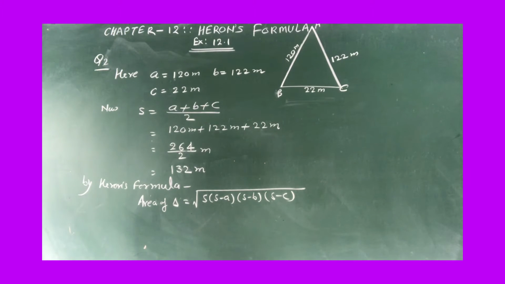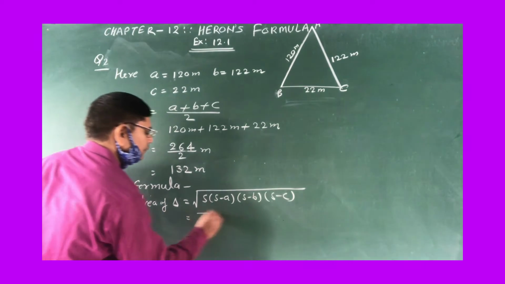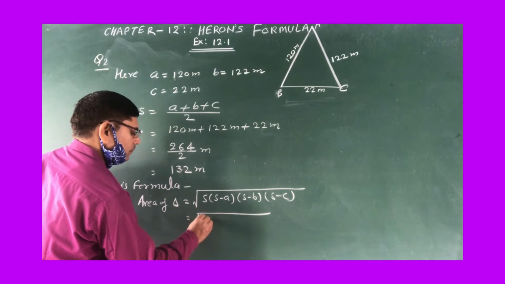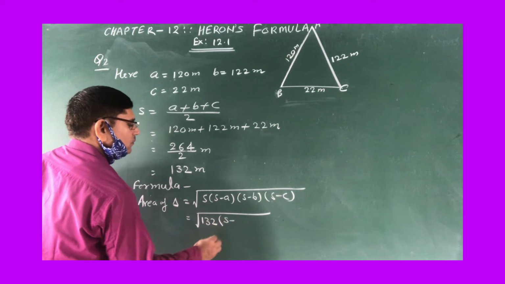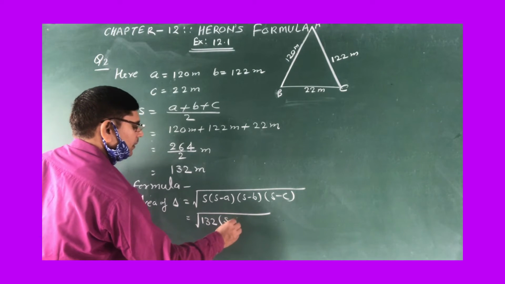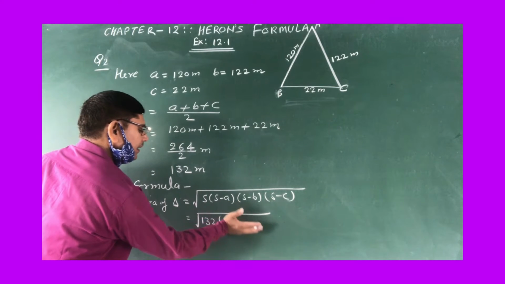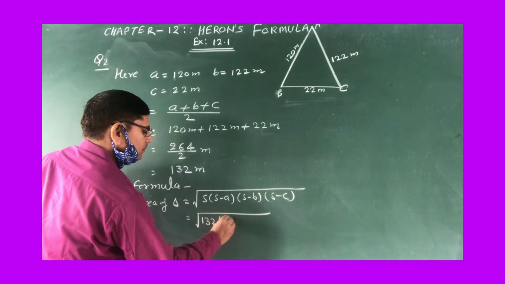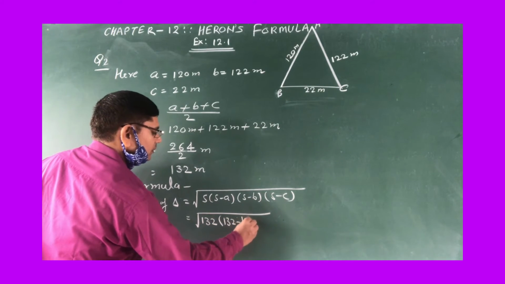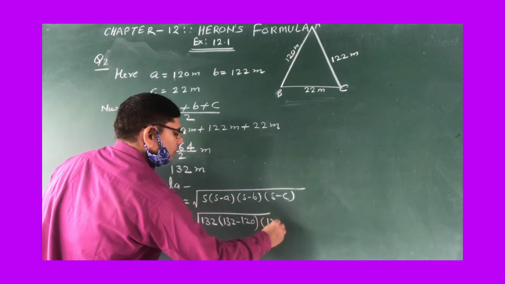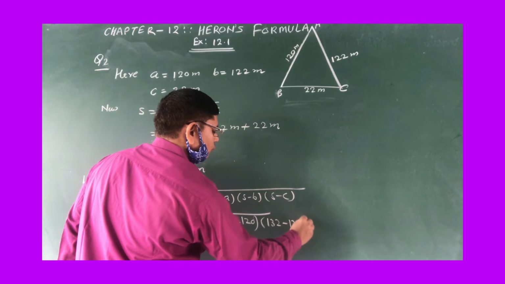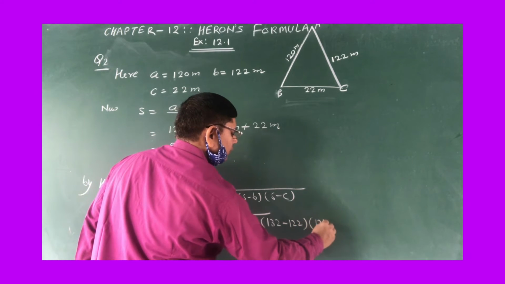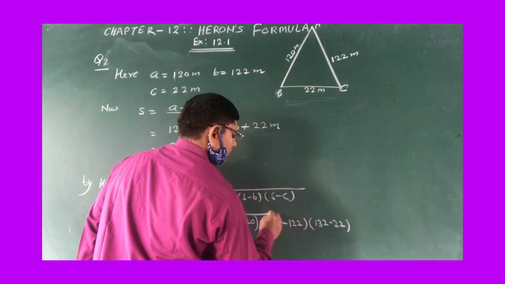Okay, so now put the values here. S is 132, and s minus a is 132 minus 120, and 132 minus 122, and lastly 132 minus 22.